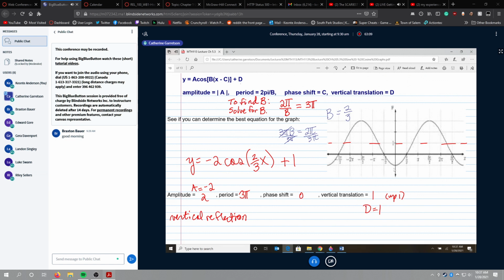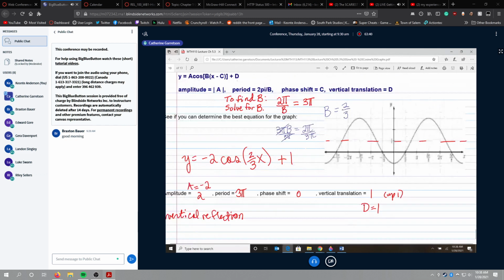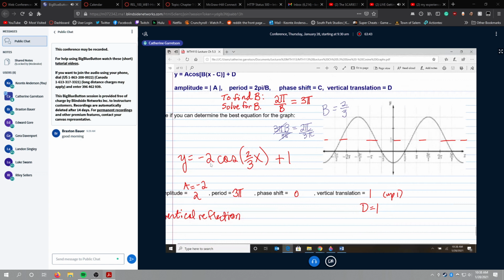Here, that's 1, 2, 3... we can see the amplitude is 2. But it should be at the top of the hill, not at the bottom. The y-axis should be at the top of the hill. So this thing got reflected. So the amplitude in front is 2, and a negative sign says it got reflected.